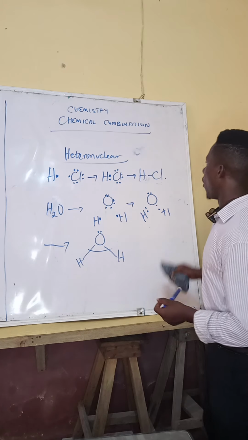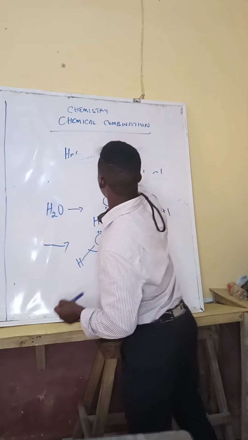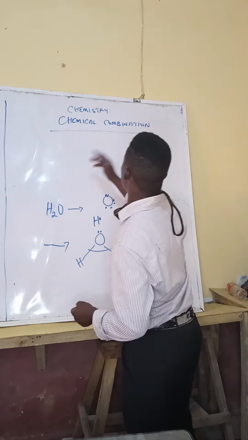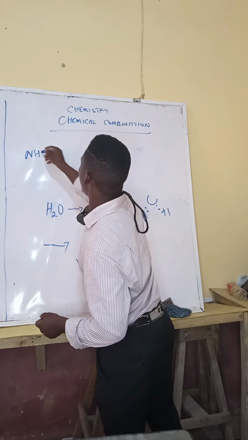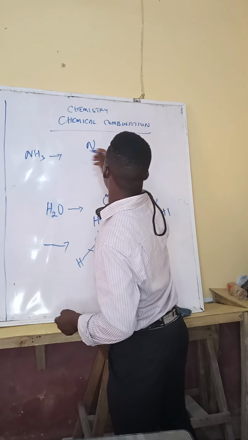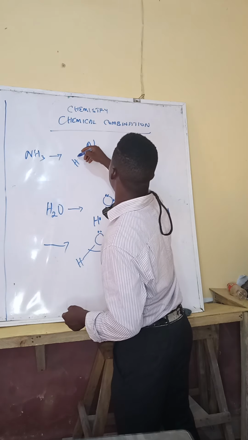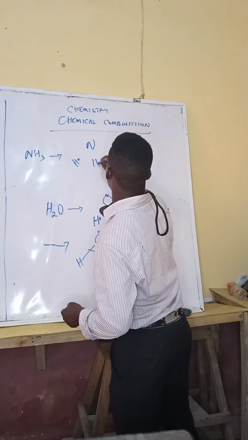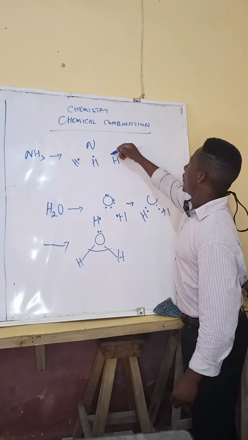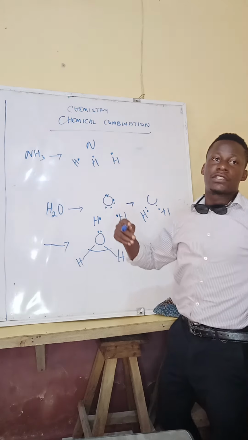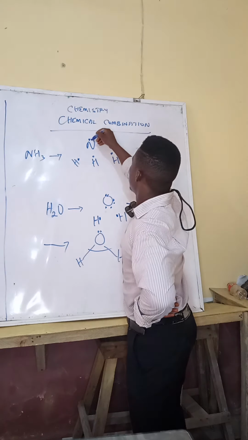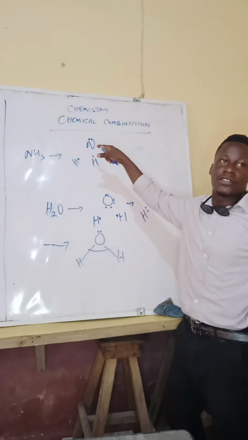In another one, we can also have nitrogen combining in the case of ammonia. In ammonia, you have nitrogen combining with 3 hydrogen atoms. Remember, nitrogen has 5 electrons in the valence shell. So we put 2 here, the lone pair of electrons on nitrogen.